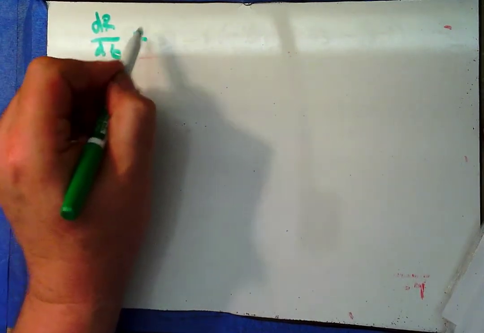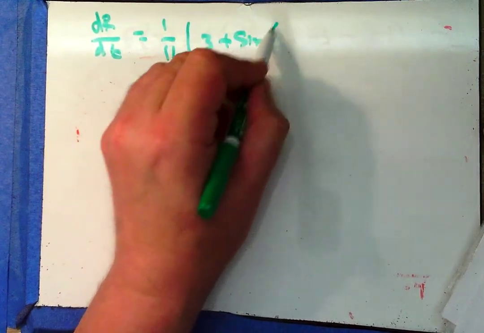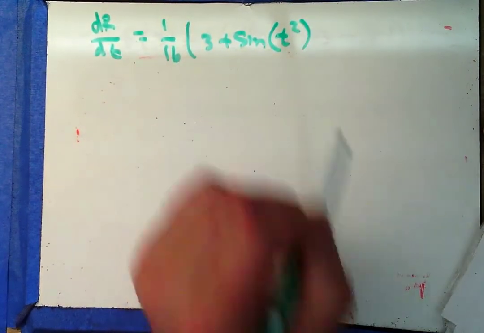Oh, what an interesting differential equation to suddenly run across. Okay, so then we're going to say, write an expression involving an integral for the radius r. Well, we know that dr dt equals 1/16 times 3 plus sine of t squared.